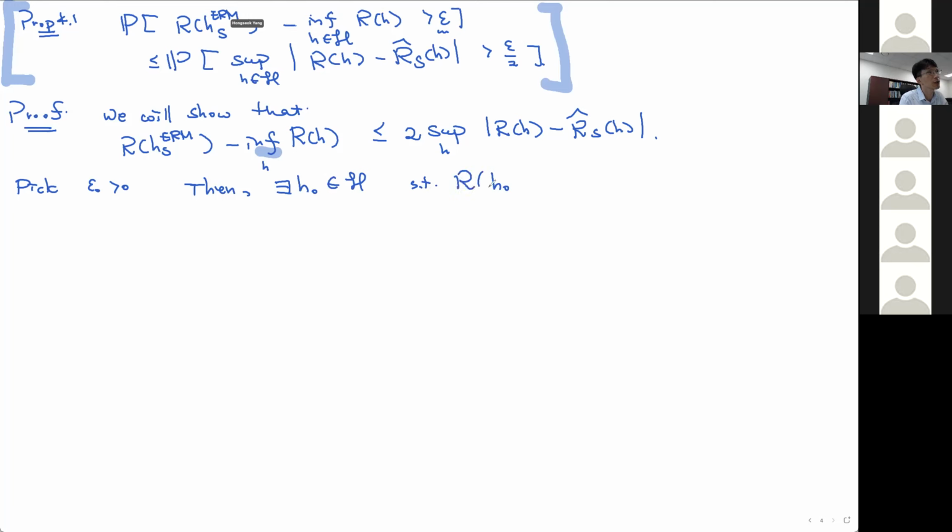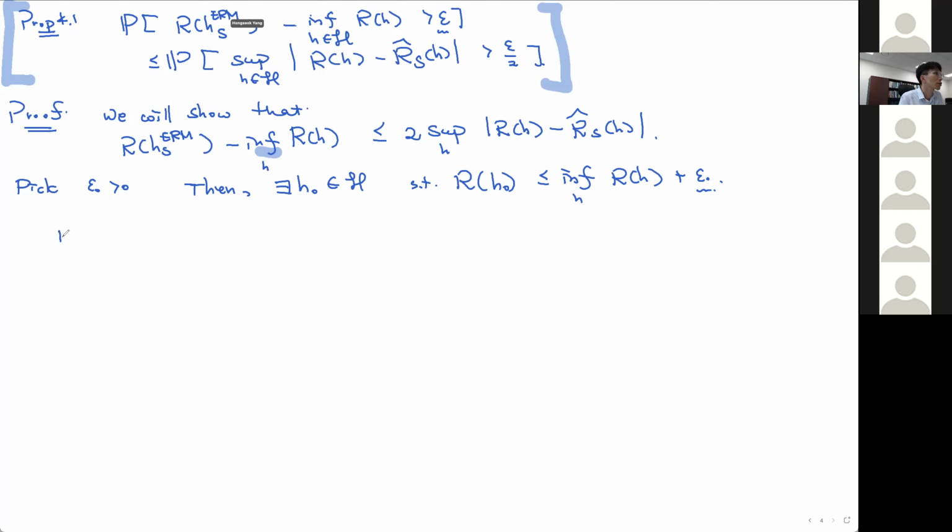The risk of H0 is at most the infimum plus epsilon 0. So that's by the definition of the infimum. Whenever we create some small gap like epsilon 0, we can always find something that is close to the infimum up to epsilon 0. Okay, so that's coming from the definition of the infimum.